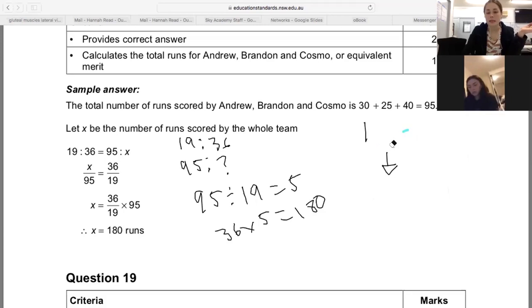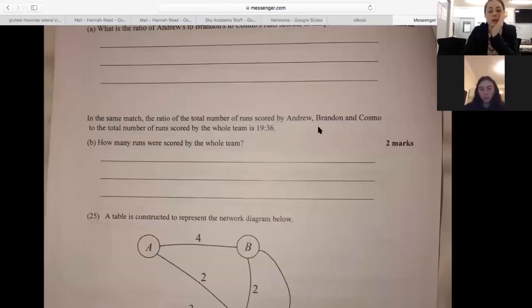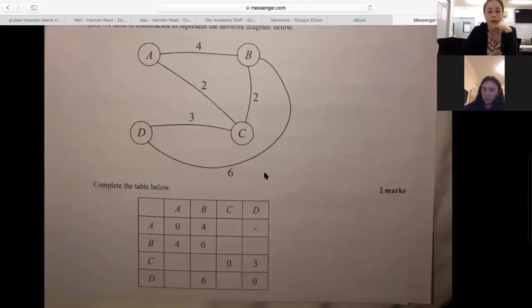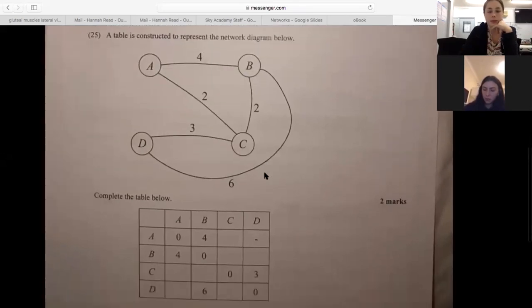I don't know which way was easier. You're given a ratio and however many runs the ratio equaled for the 19, and you just have to figure out how many runs it equaled for the 36. Is that all good, that question? Yeah. Cool. Okay, let's complete this table.